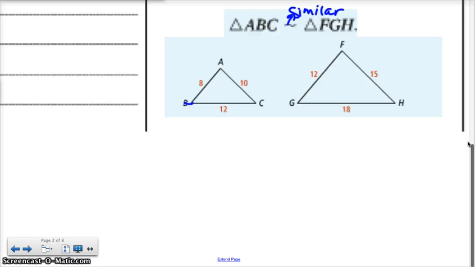For instance, 8 is to what? 12. 8 is to 12 as, let's do 10. 10 is to what? 15. Then if they are similar, their cross products are equal to each other.